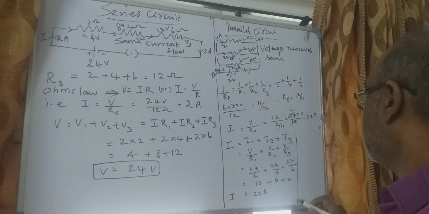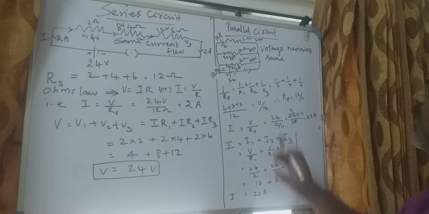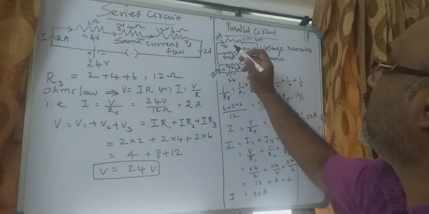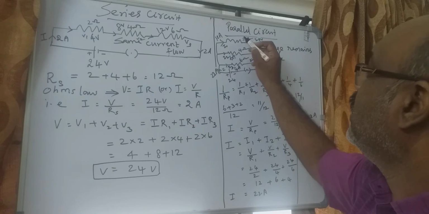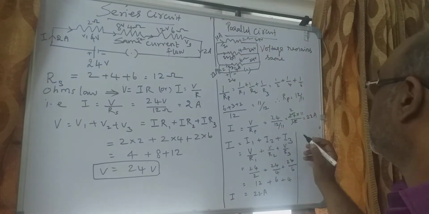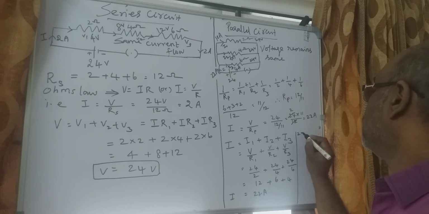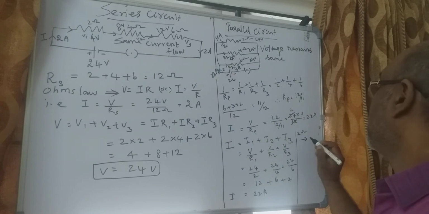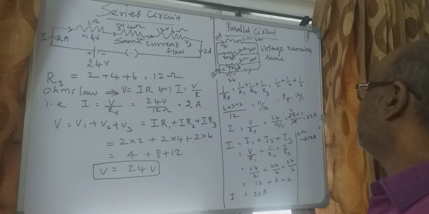Now if we compare this circuit, we can come to know that here it is 2 ohm, less resistance but more current goes. When the resistance is 2 ohm, the current supplied to the appliance is 12 ampere.